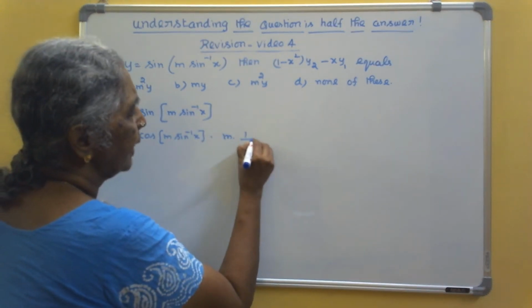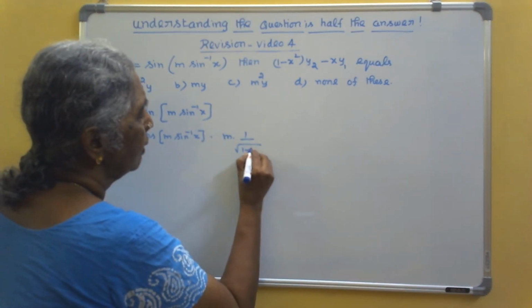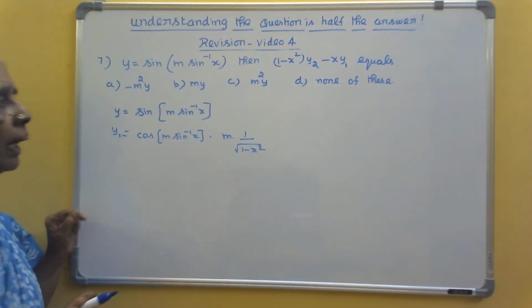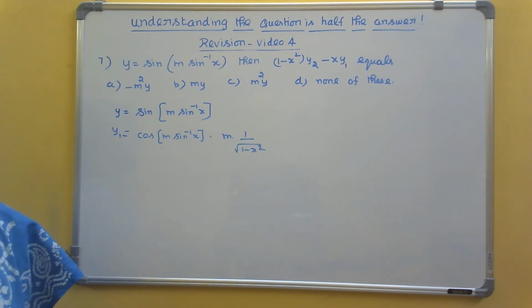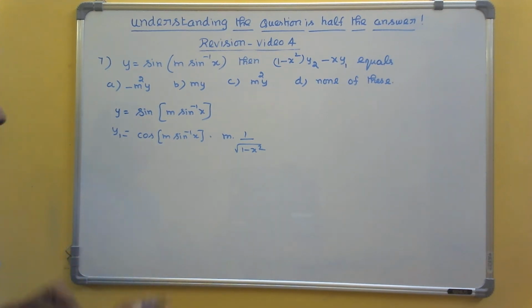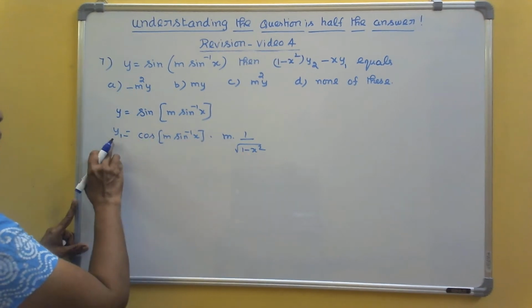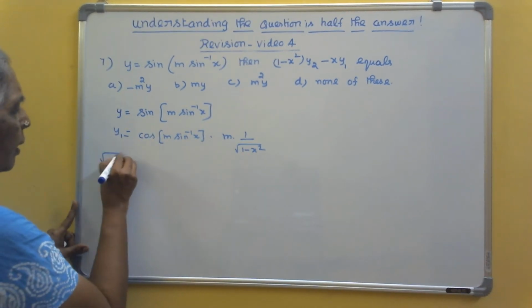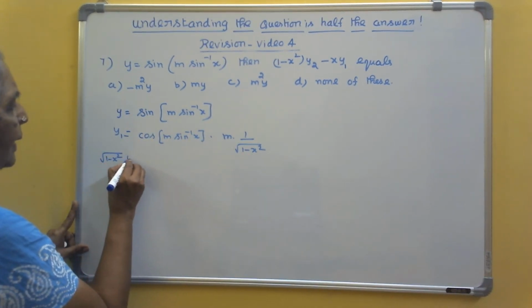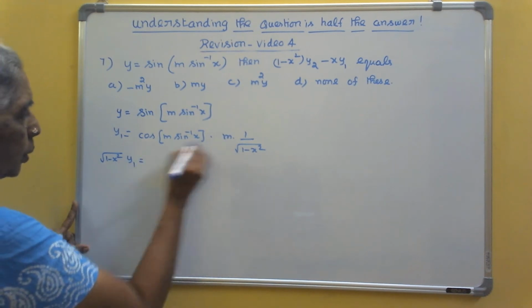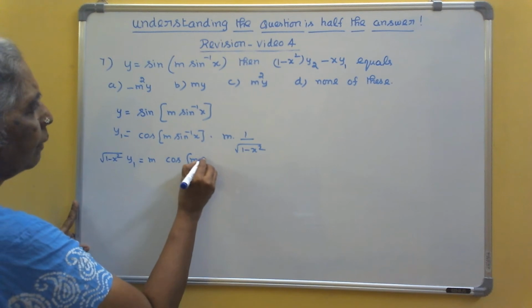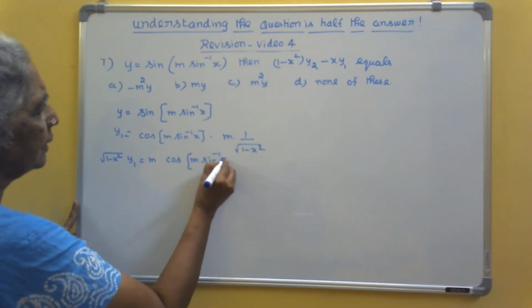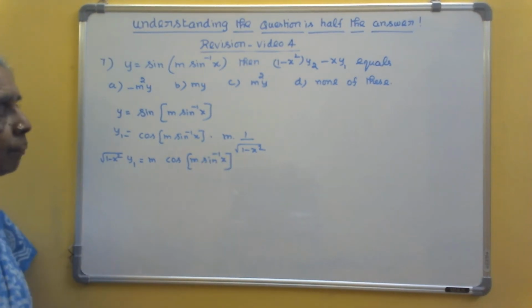Sin inverse x, if you differentiate, you will get 1 by root 1 minus x squared. Now, don't just keep it like that and proceed, it will become very tedious for you. Take this root 1 minus x squared here. You will get root 1 minus x squared y1 is equal to m, I am bringing here, cos of m sin inverse x, right?